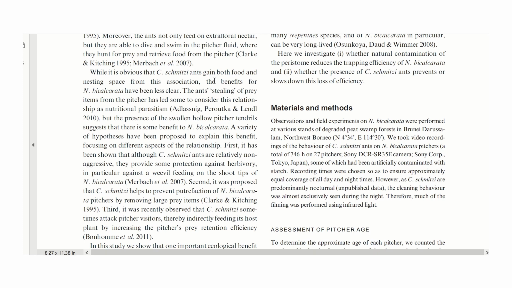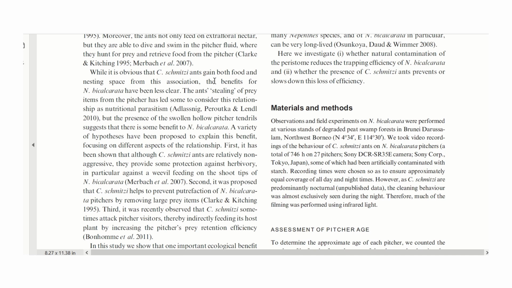So basically, this plant and the ants, they have a relationship. The ants live on the plant and they gain both food and a place to live. But it was not clear how the plant was benefiting from these ants. And these plants are actually carnivorous plants.